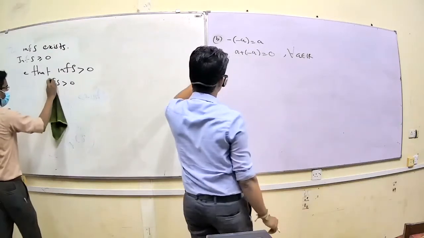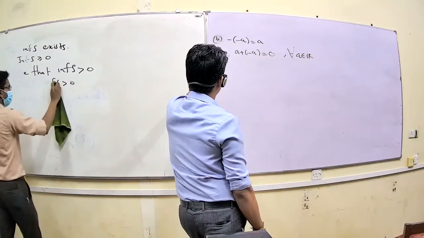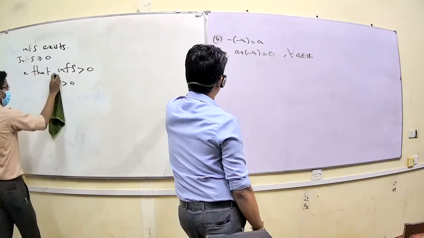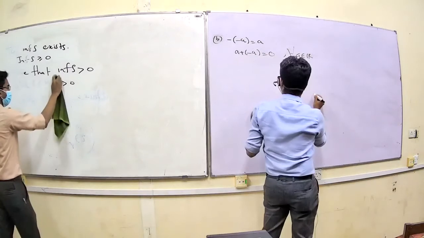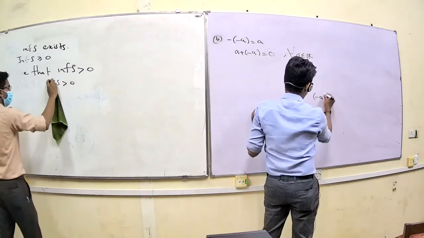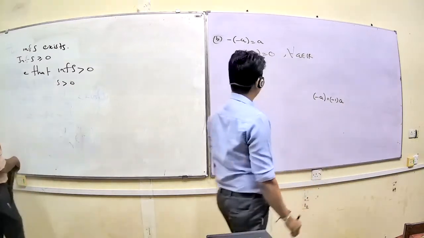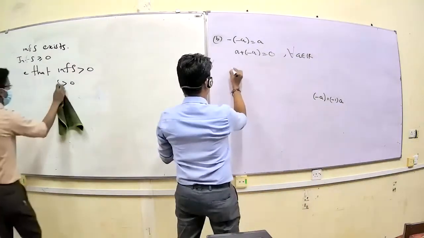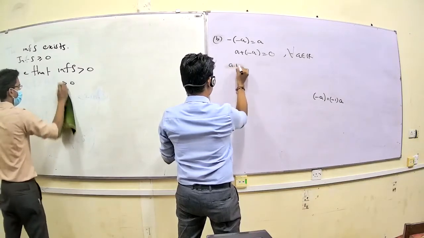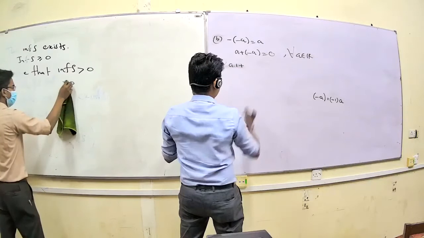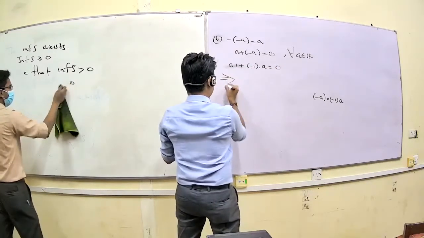From this one, you know minus a, you can write minus 1 into a. Is it okay? Therefore, a plus, here you can write a times 1. This one, minus 1 into a equal to 0.